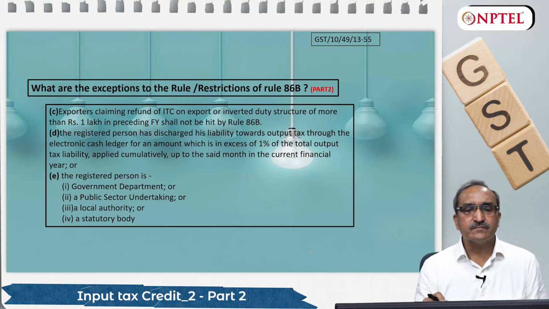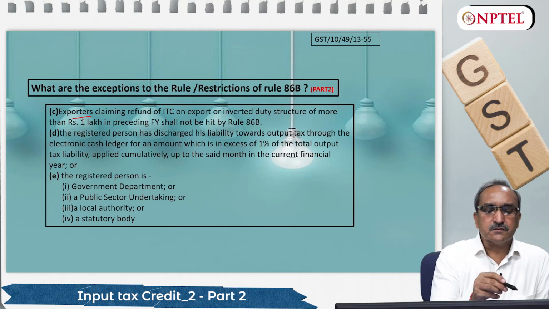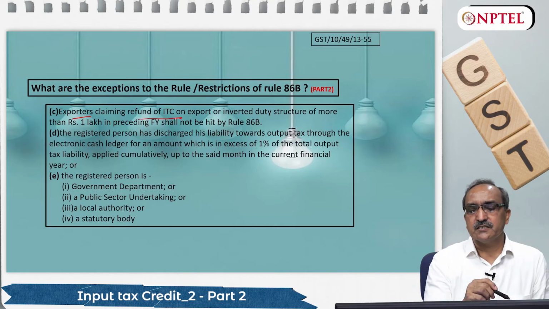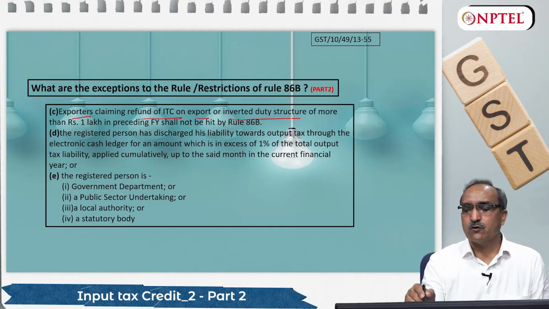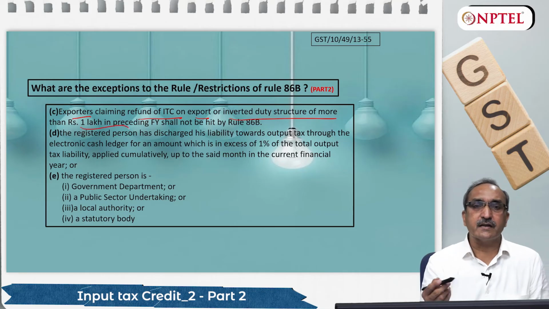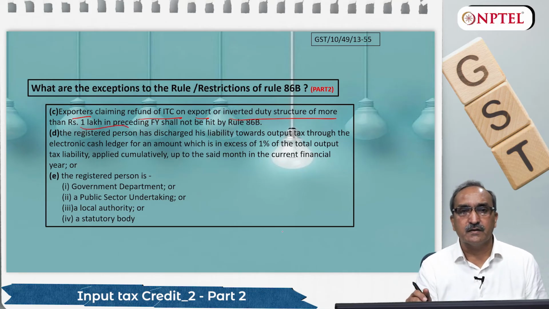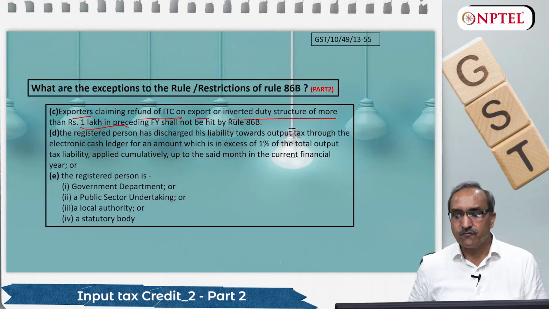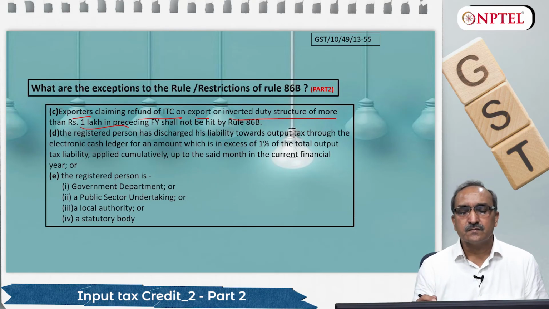Further it says, exporters claiming refund of ITC on export or inverted duty structure for more than 1 lakh rupees, again related with the refund under GST section 54. If they are having refunds of more than 1 lakh rupees, this restriction of 99% is not applicable.